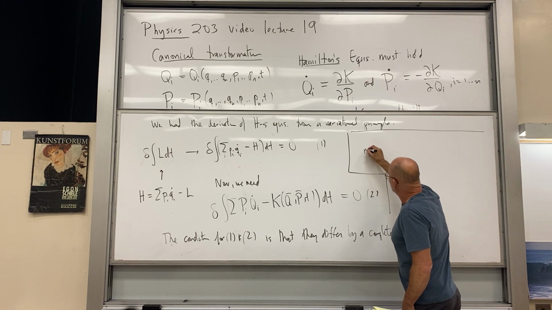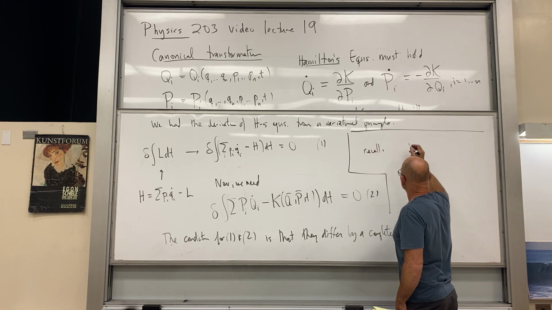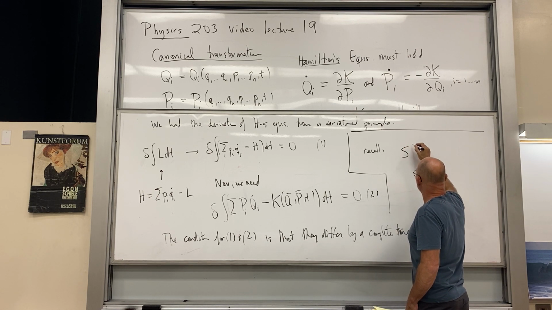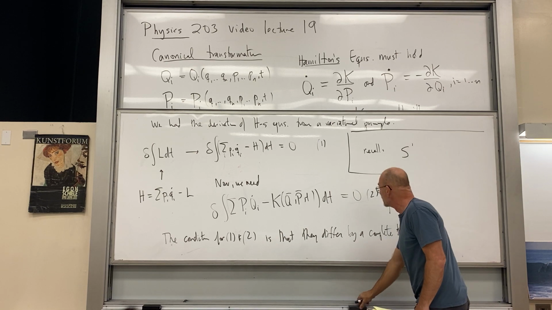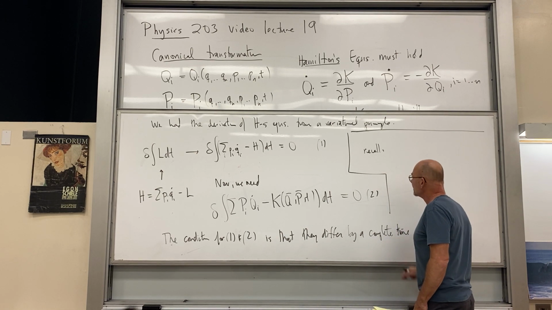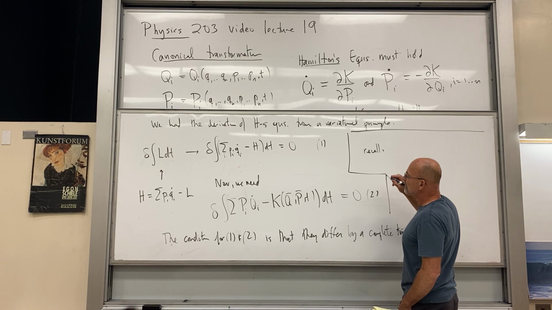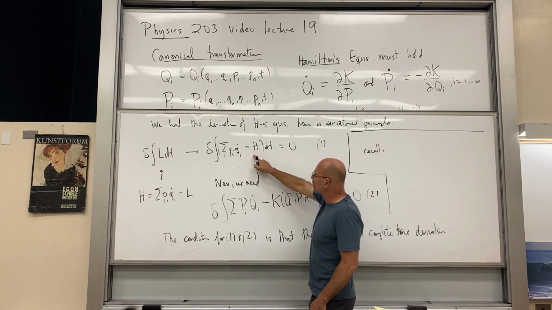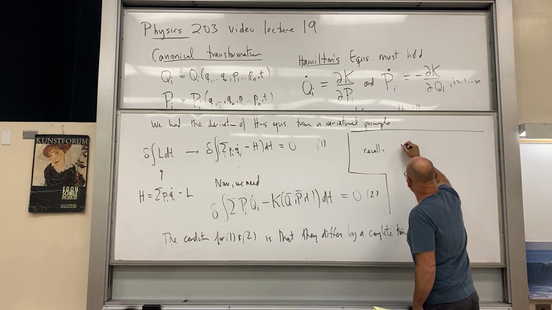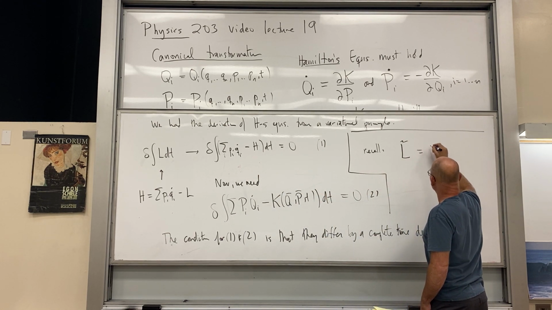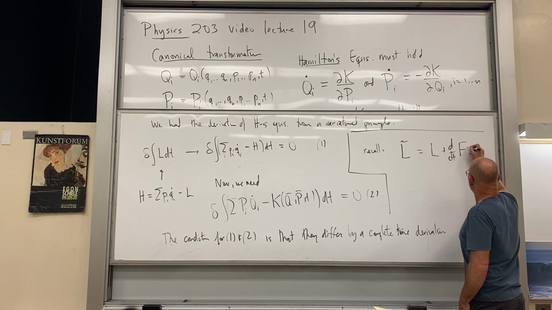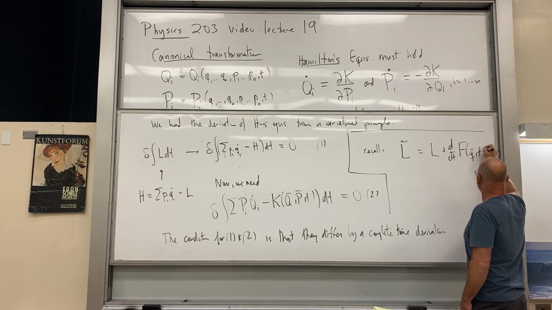So recall S prime. We're talking about the integrand right now. So L tilde equals L plus d/dt of f of the coordinates and the time.